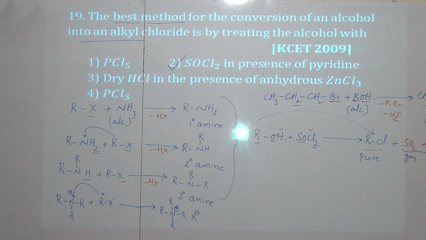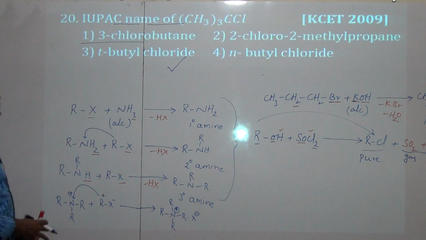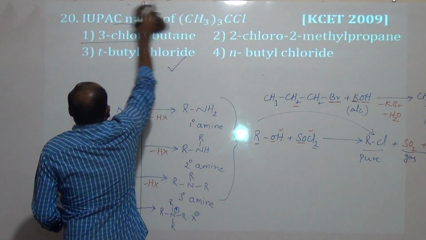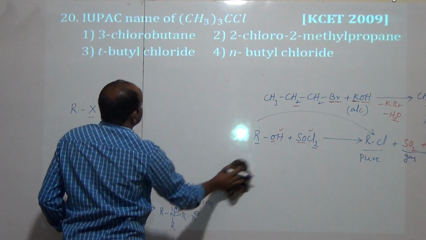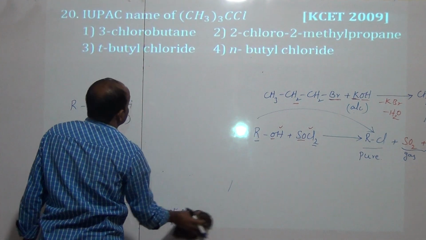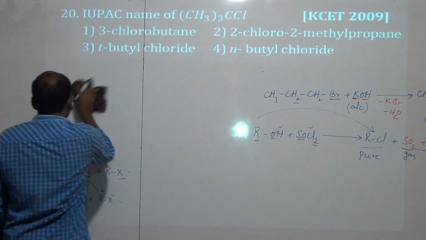Next bit. IUPAC name of the given compound is. What is given? CH3 taken twice, CCl, that is tertiary butyl chloride.